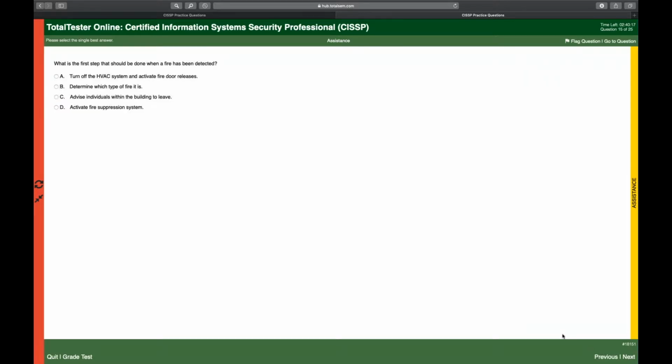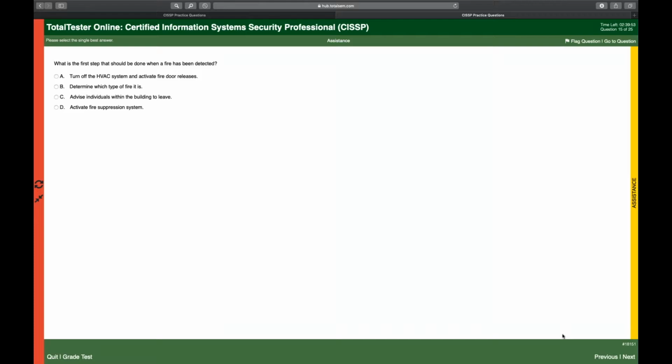Number 15, what is the first step that should be done when a fire has been detected? Ready? Go for it. Charlie. Yeah, Charlie, I agree.